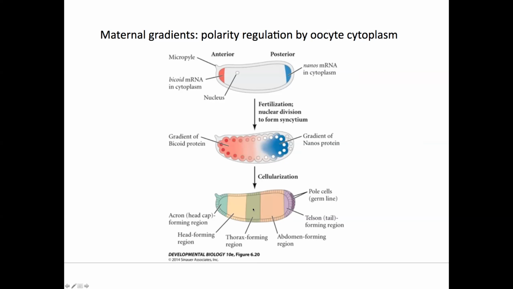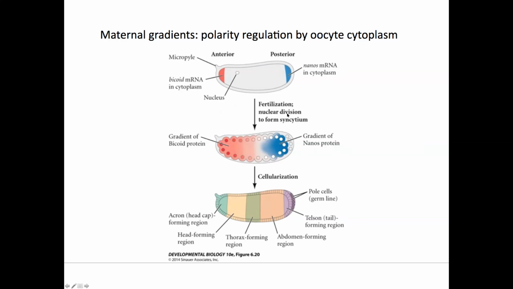Even if the embryo makes its own bicoid, it doesn't matter because the zygotic genome activation doesn't happen till much later in development, I mean, after stage 13 or 14. But the requirement for bicoid is actually much earlier, in the first few hours of fertilization.